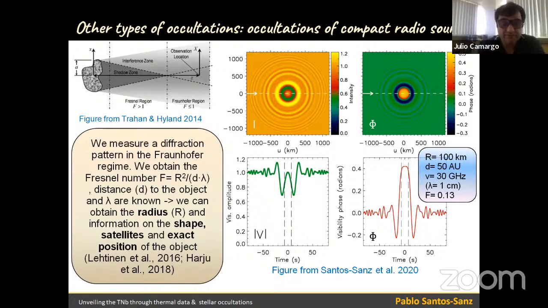Okay, it looks pretty interesting. It's a new domain to me because I do not deal with radio observations. Yes. Well, you have here the typical diffraction patterns in your light curve.